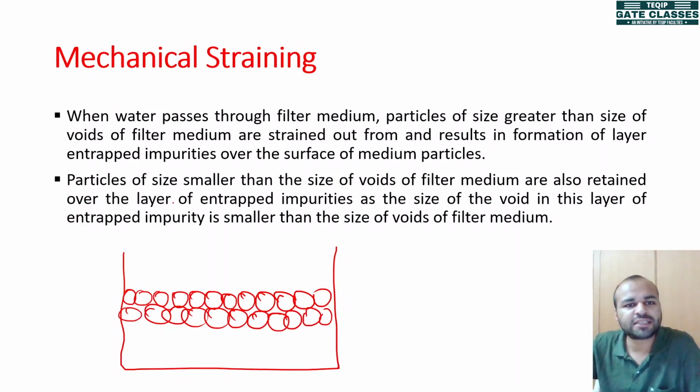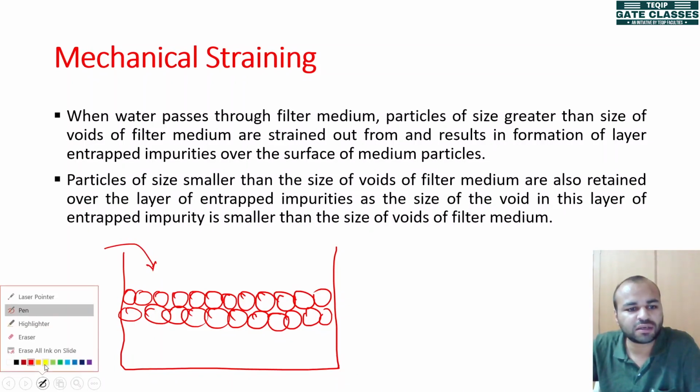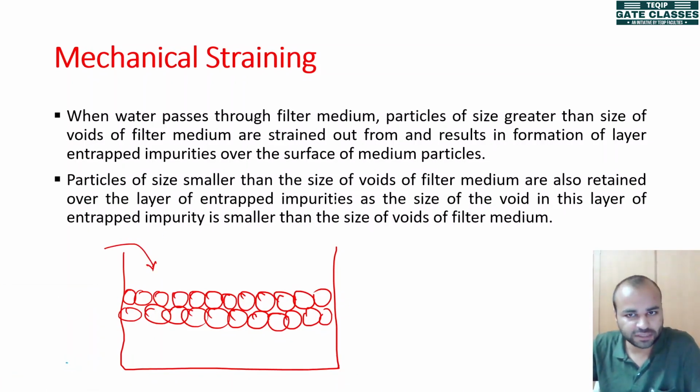Mechanical straining means what is written in the first point, that as the water passes through, the particles that are greater than the size of the voids, you can understand this is the void area, and the particles which are greater will stick here.